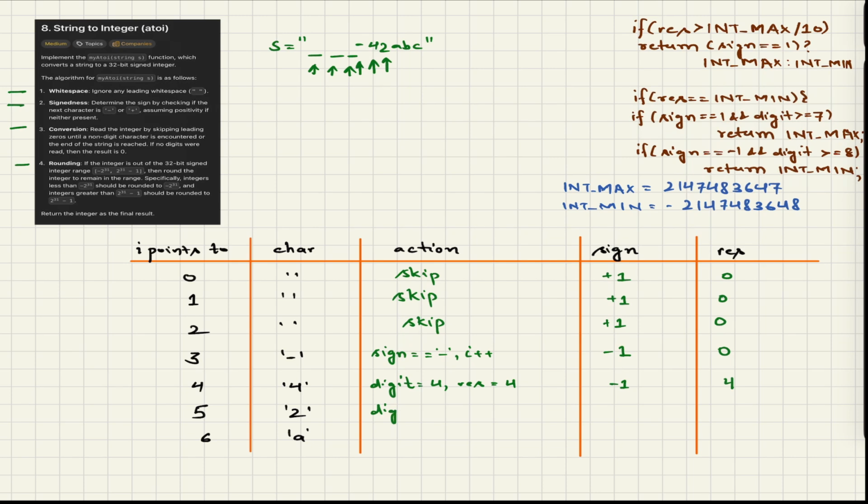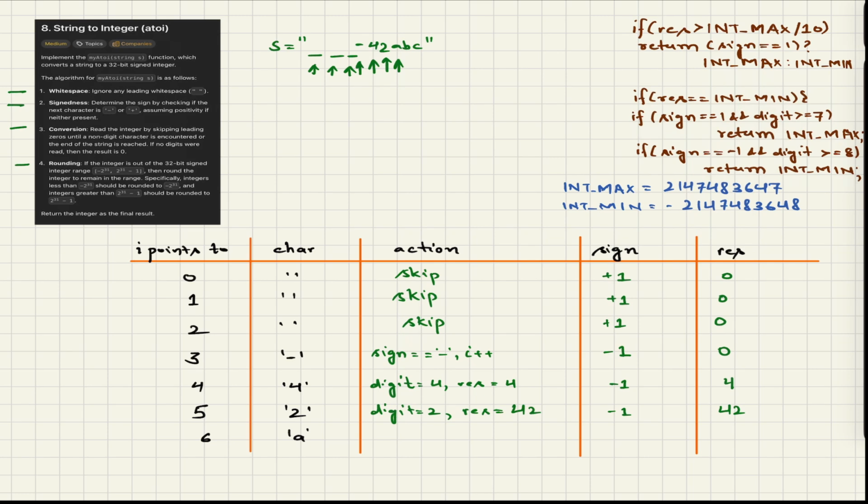My digit is 2. My result will be 42. While storing the result, we could use the same formula that we use in reversal of a digit, and here the sign is minus.